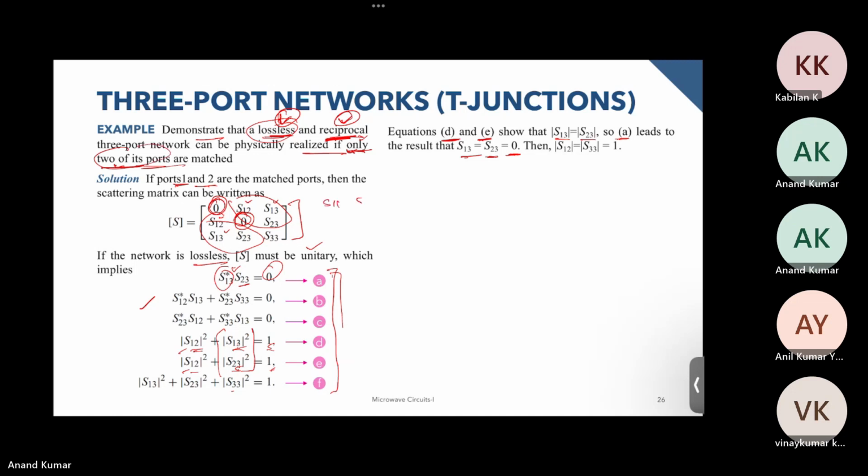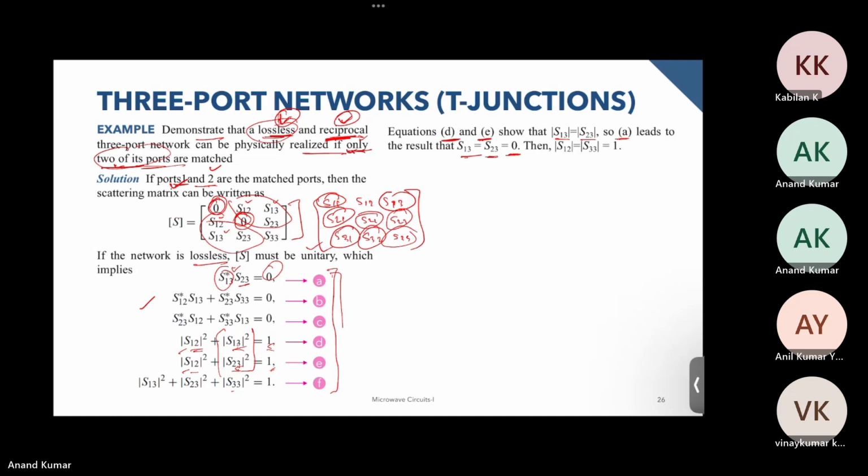The S matrix will have S11, S12, S13, S21, S22, S23, S31, S32, and S33. We have been told that two of its ports are matched, and we're assuming they are 1 and 2. So S11 and S22 will become 0, S12 will become equal to S21, S13 will become equal to S31, S23 will become equal to S32, and the S33 will be there.